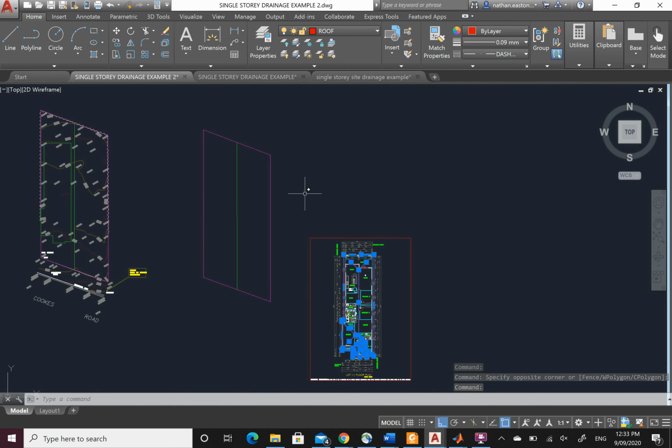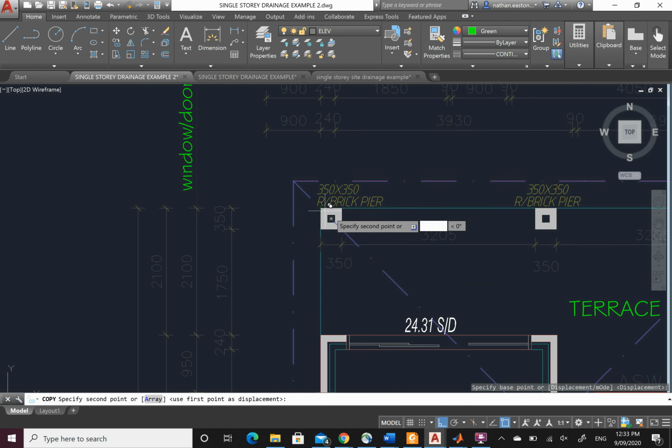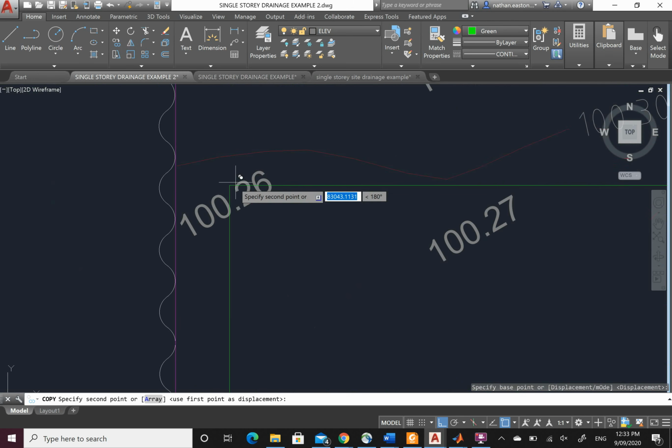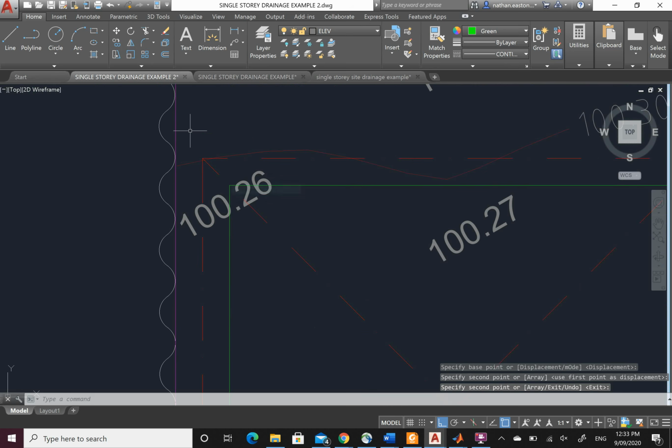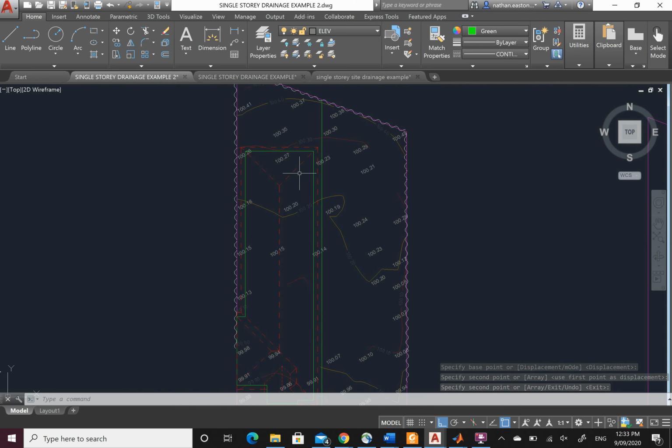Okay, now I have to bring that across. How am I going to do that? Well, copy from a known point, so I know this corner here is this corner here. So now I have my roof sitting on top of my house.